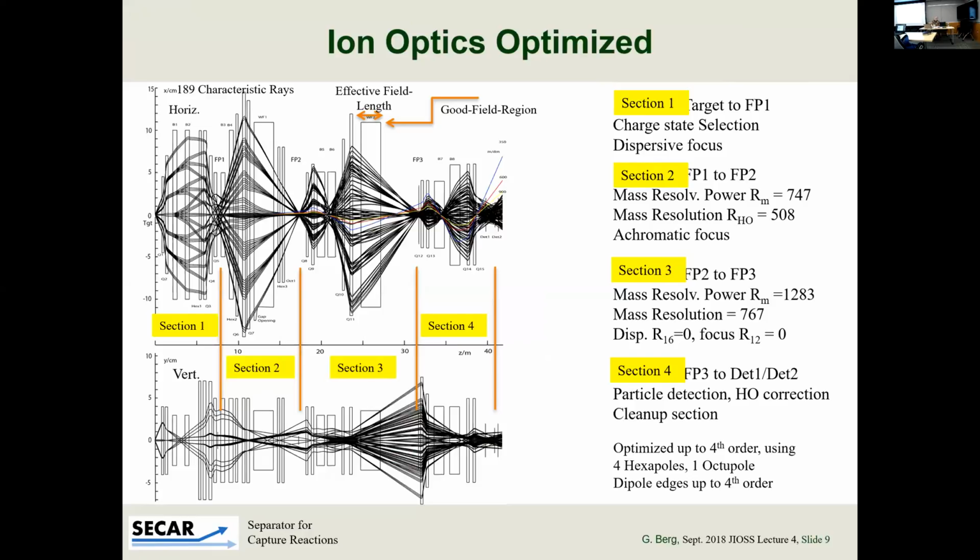Yeah, section 3, the R16. Why do you want the R16 to be 0? This is the same thing. The incoming beam has a momentum spread because of the kinematics. You calculate that.